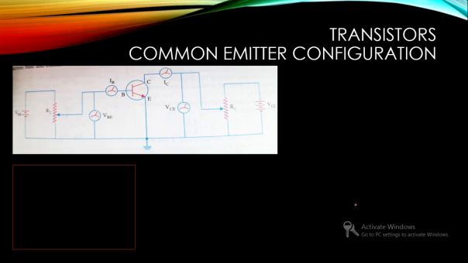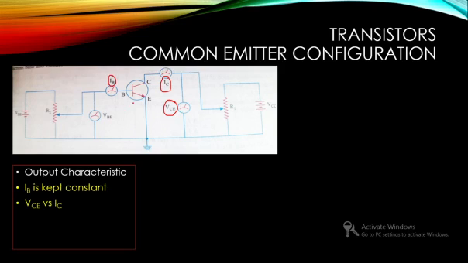Next is output characteristics. Similar to what we did for input characteristics, we will study the variation of voltage and current, the VI characteristics. Here the output voltage is VC and the output current is IC, so the variation of IC with respect to VC will be studied. But instead of keeping the input voltage constant, here we will keep the input current constant. That is the difference.